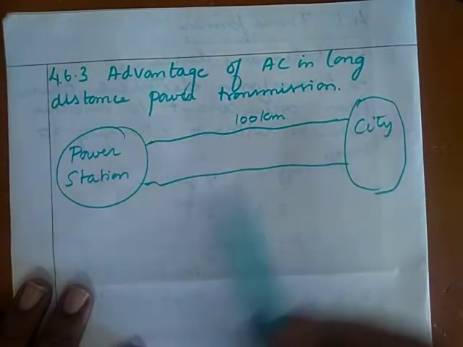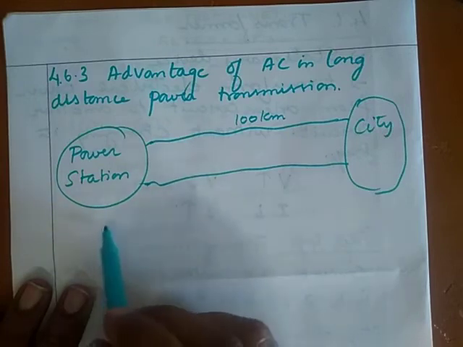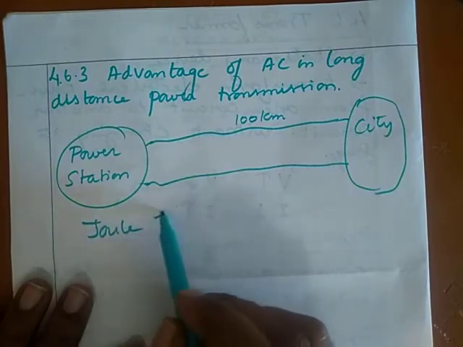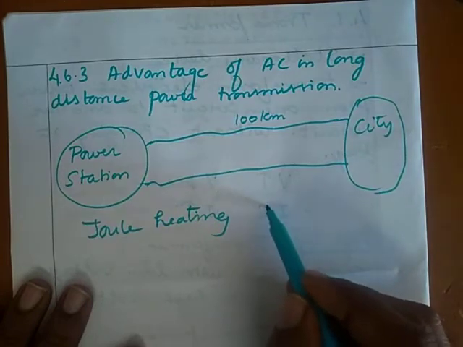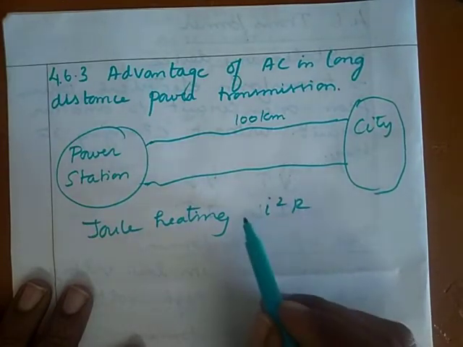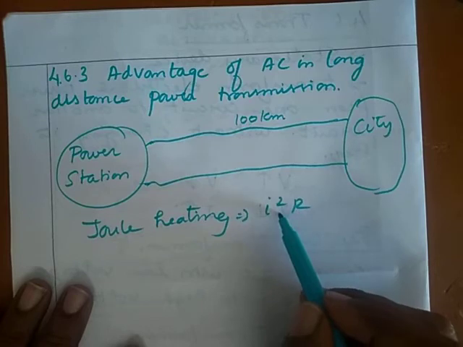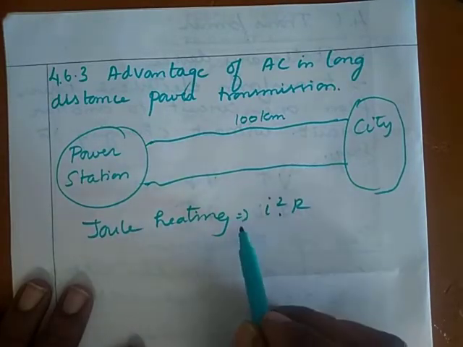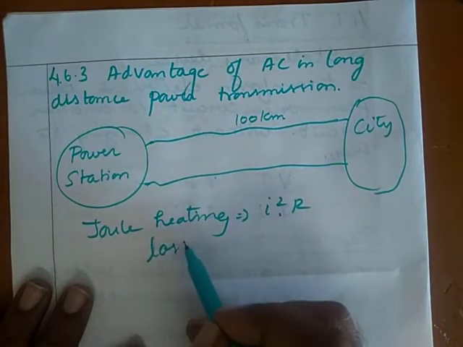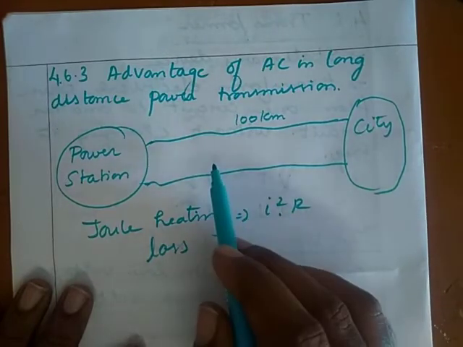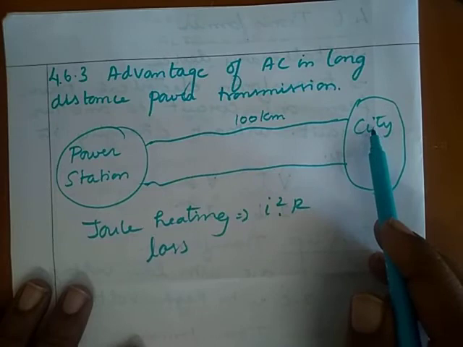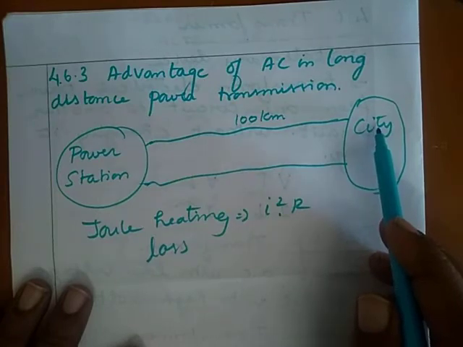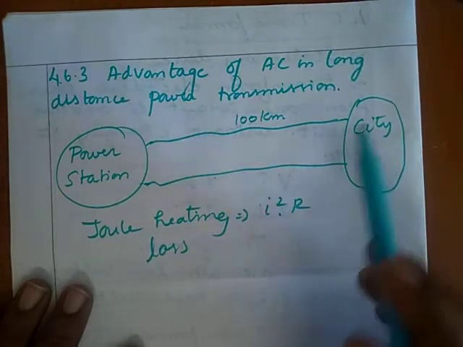We know the Joule heating effect: H is equal to I squared R T, I squared R. If current increases, then the Joule heating loss also increases. If resistance increases, Joule heating also increases. Here it is 1000 kilometers long, and resistance is directly proportional to the length of the wire.